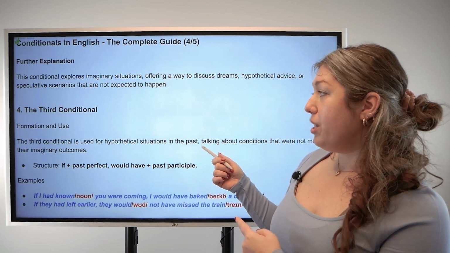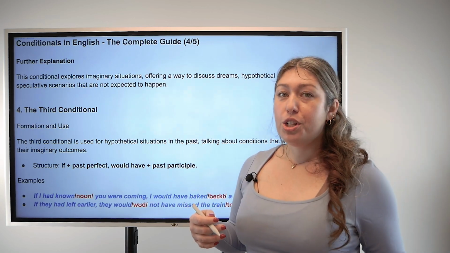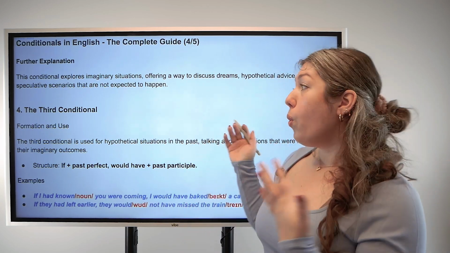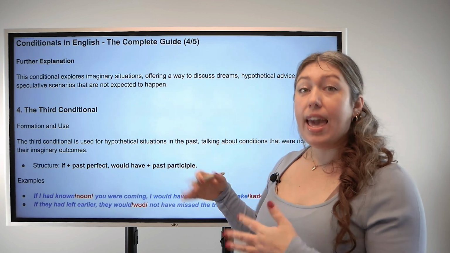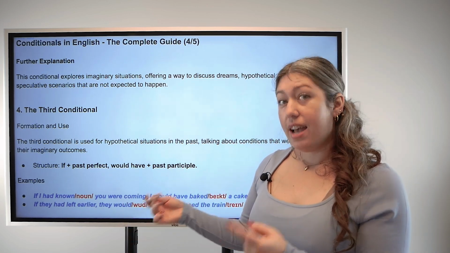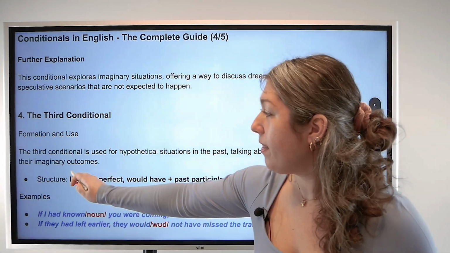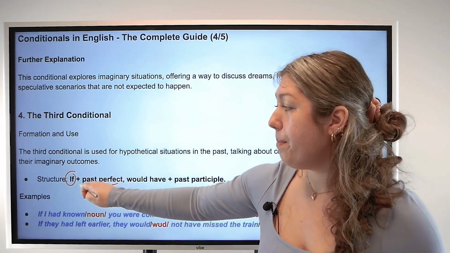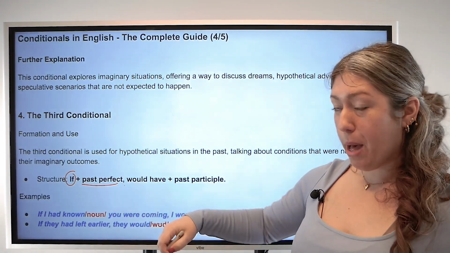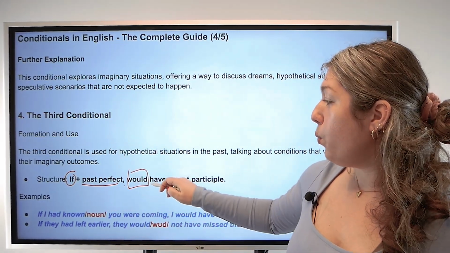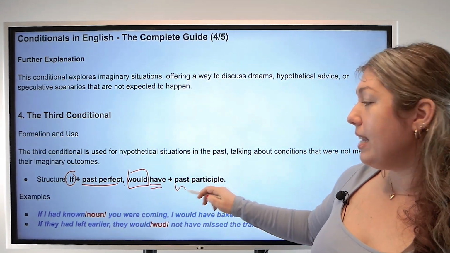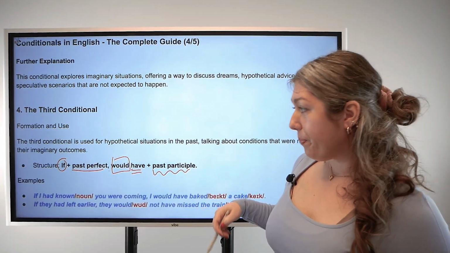Now let's look at the third conditional. We use the third conditional to talk about hypothetical situations in the past where a condition was not met and their imaginary outcomes. And the structure looks like this. If plus past perfect, comma, would have plus past participle.